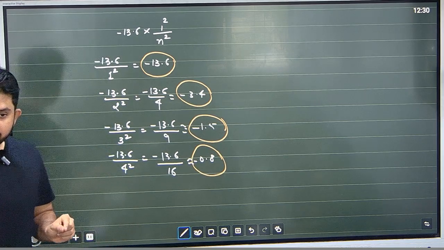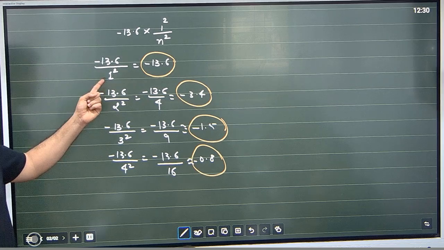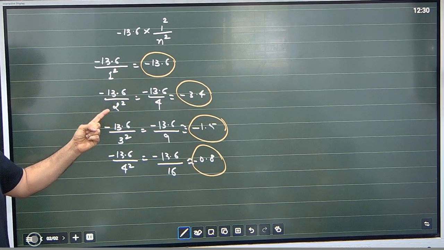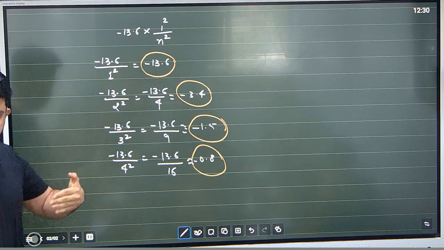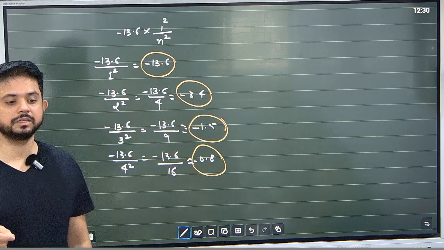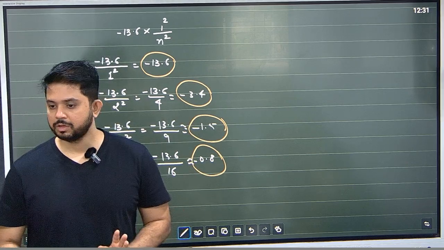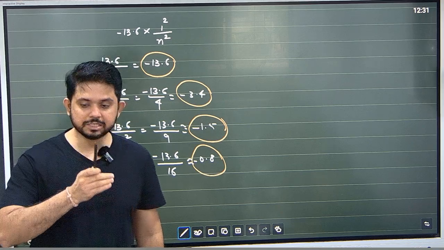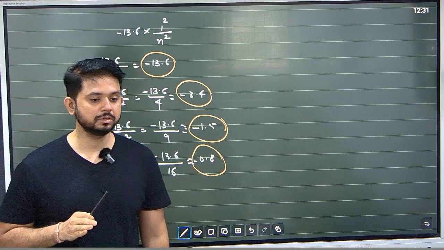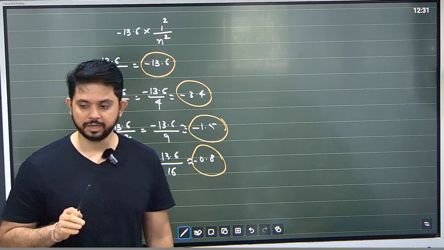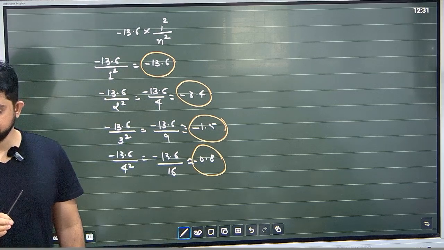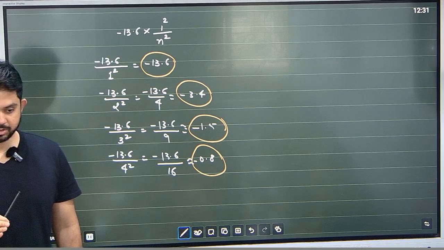As the electron moves away from the nucleus, first orbit, second orbit, third, fourth, fifth, sixth, seventh, eighth, the value is approaching 0, which means that at a certain point, the nucleus will not have any hold on the electron. Did you people get that? Please respond, yes or no?